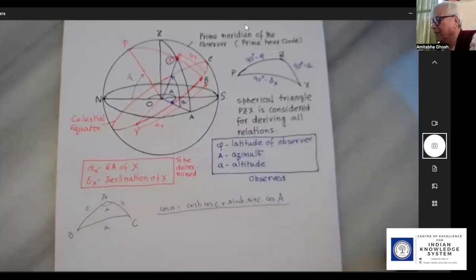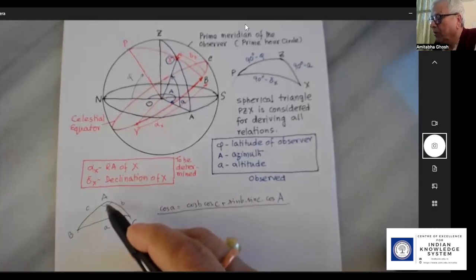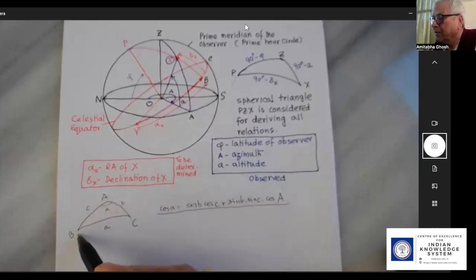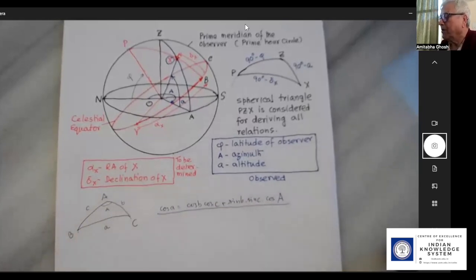We use nothing else. Now we can do this for this as a, or we can do this as a and this as the capital A. Both ways, but the formula will be the same. So now, using this formula, first, what we have to do is for conversion purpose.